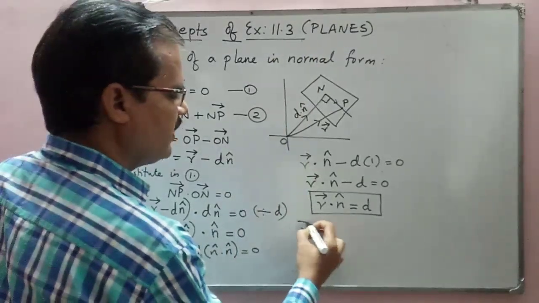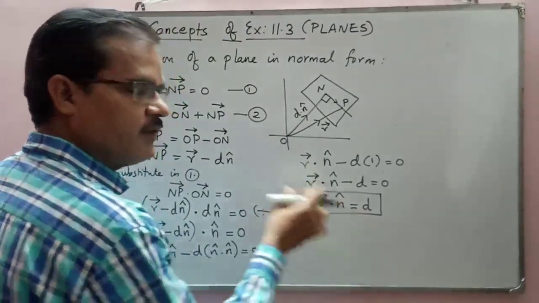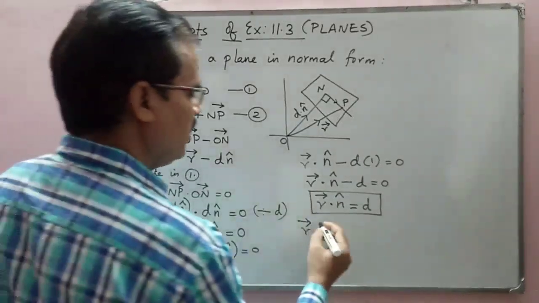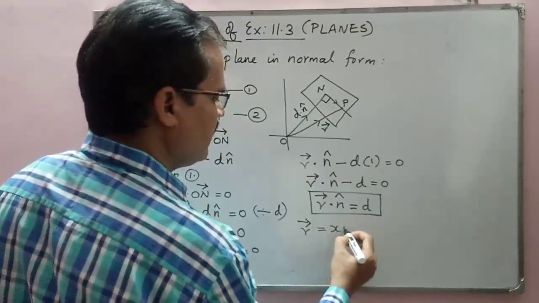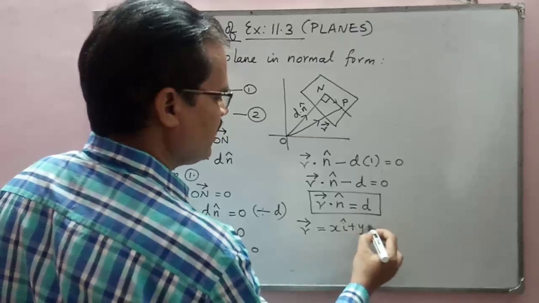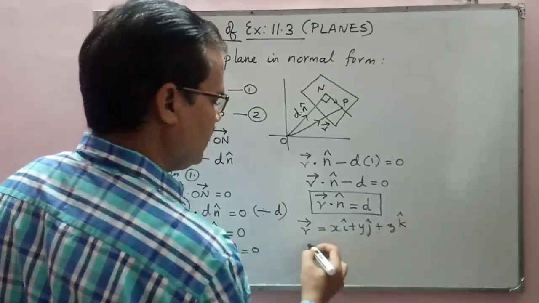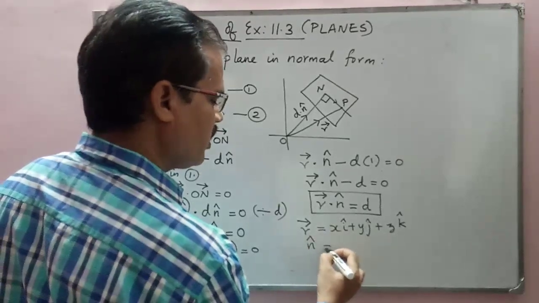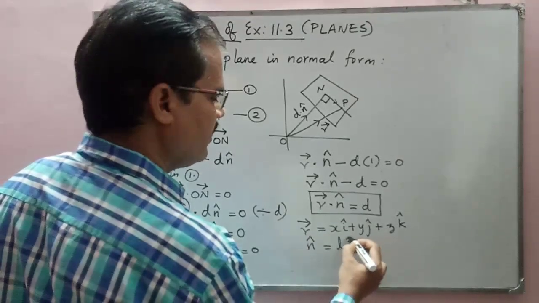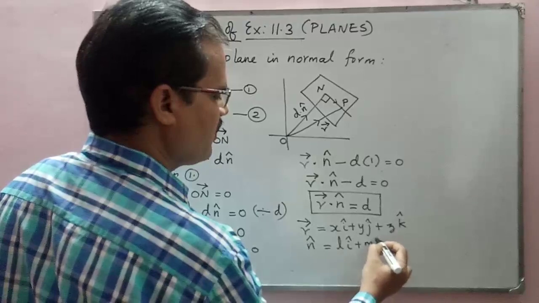Now I am going to split. Having the vector form, very easily you can find the Cartesian form. R vector equals x i vector plus y j vector plus z k vector. N cap is a unit normal, so I'll write it as l i plus m j plus n k.